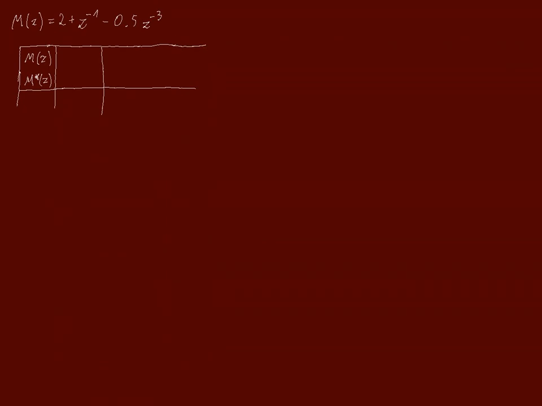We start filling with the parameter at the lowest power. At the power of -2, we have a parameter equal to 0. We complete the second line with numbers in the reverse order.